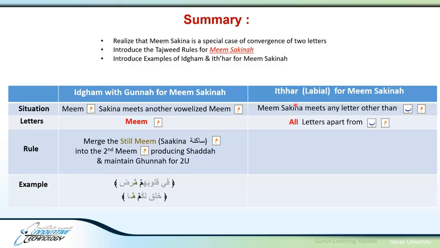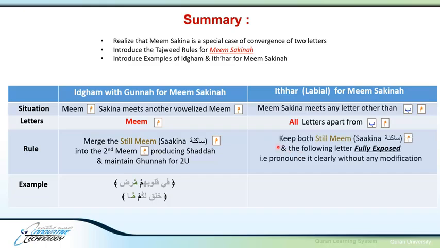So the letters for idhar are all letters apart from meem and ba. The rule: keep both the Meem Sakinah and the following letter fully exposed, which means pronounced clearly without any modification. And we took examples such as لهم جنات and أموالهم حق.